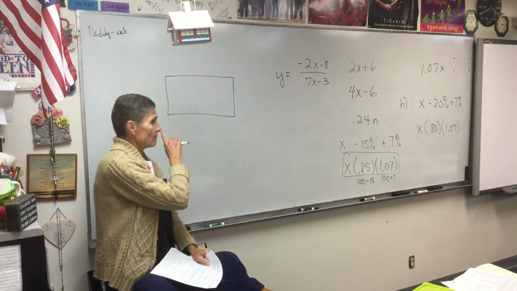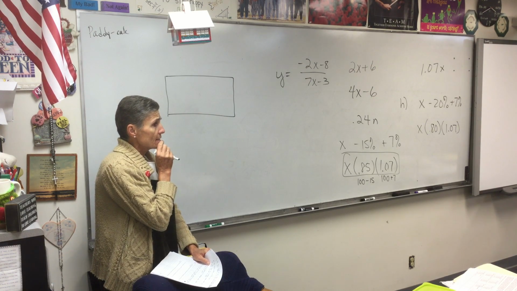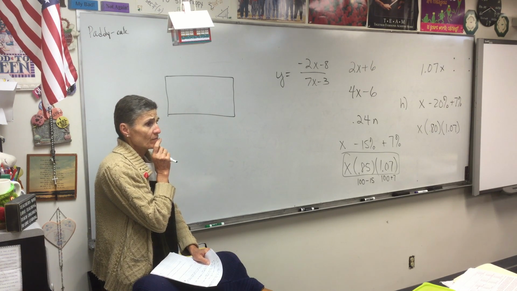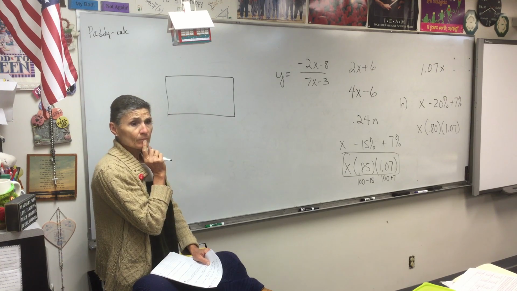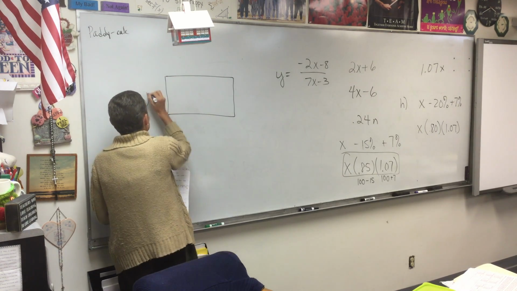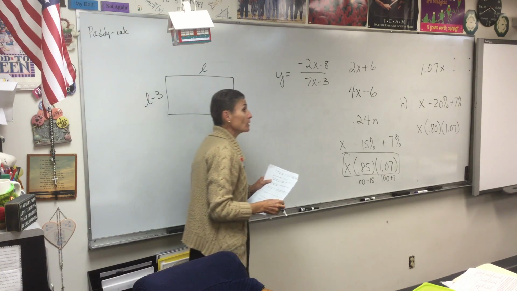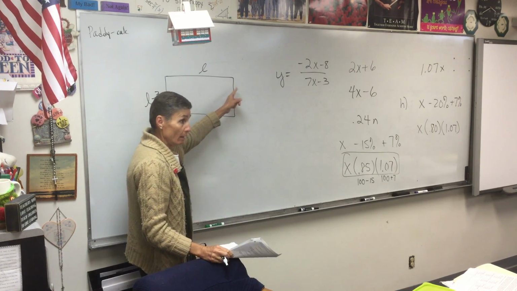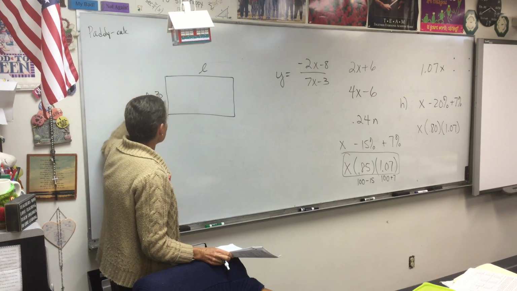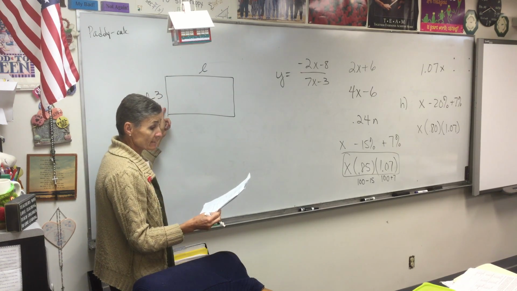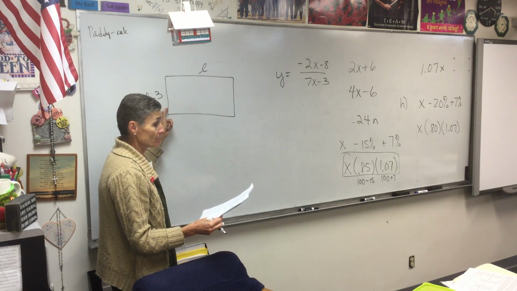How do you think I should label the sides here? The width is 3 less than the length. L minus 3. And L? L, yeah. Marley says, I'm gonna let the length be L, and then the width would be L minus 3. Does that make sense to everybody?